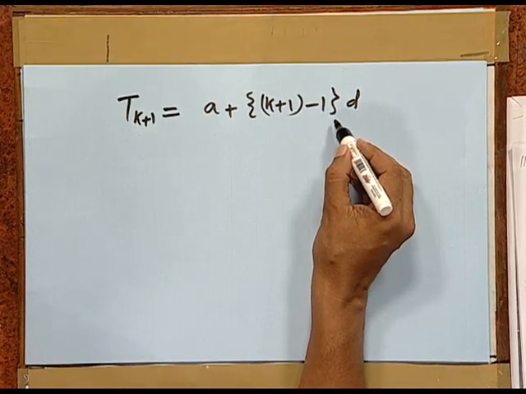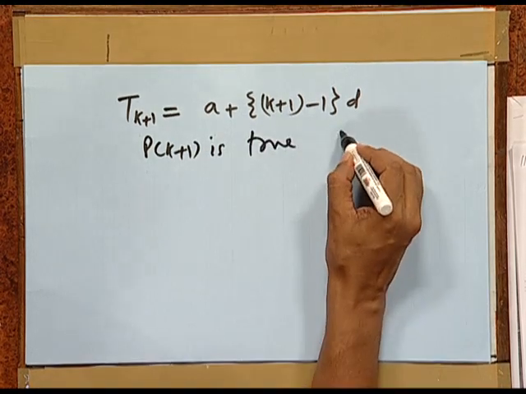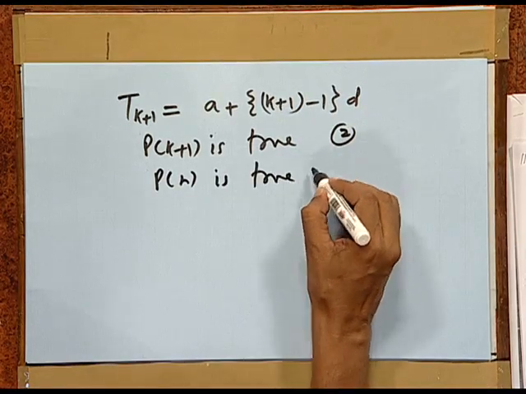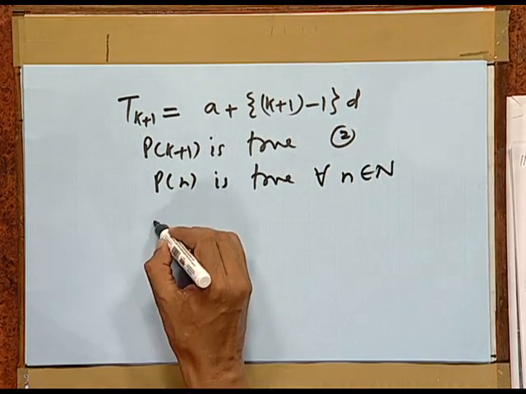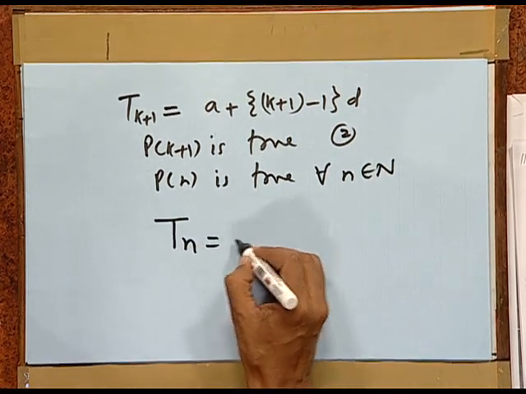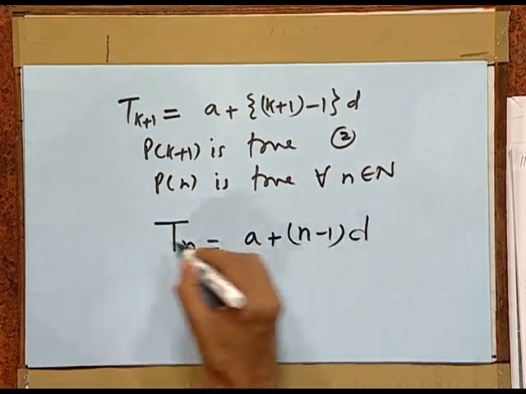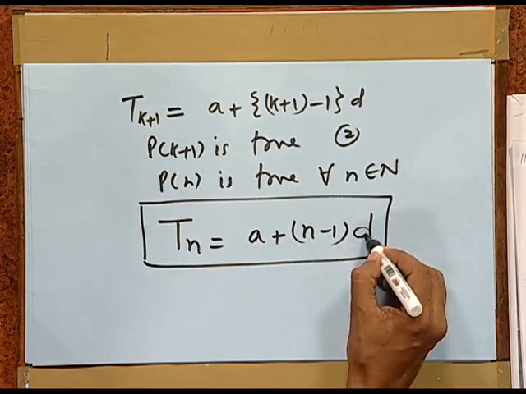Thus, we find that Tk plus 1 follows the same pattern. So, Pk plus 1 is true, and hence Pn is true for all n belonging to N. That means Tn is always A plus (n minus 1) d for all values of n.